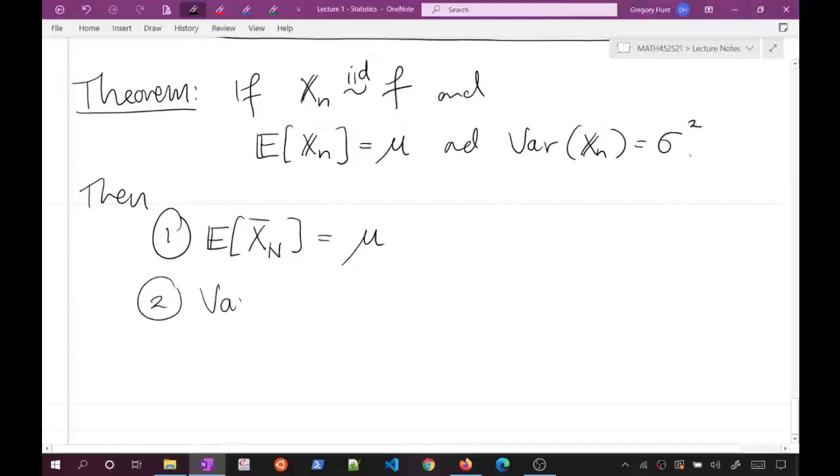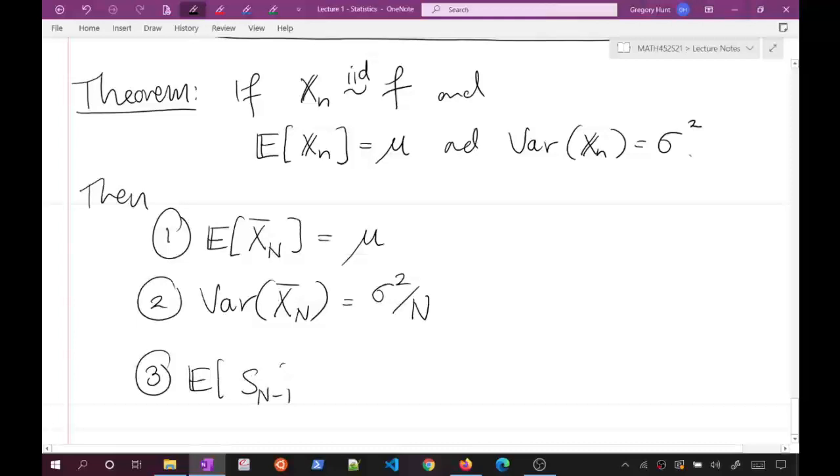Furthermore, the variance of the arithmetic mean of a collection of random variables is not quite sigma squared, it's sigma squared reduced by n. And the expected value of my sample variance is going to be sigma squared.